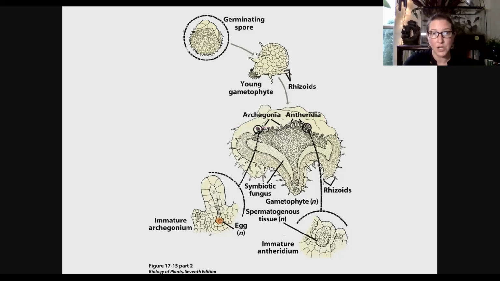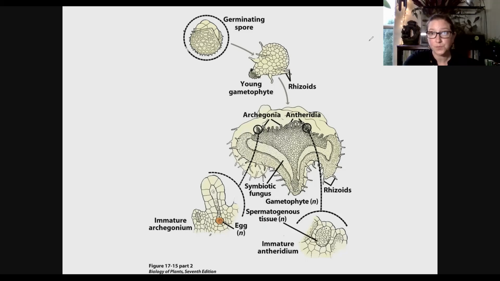And that's the case here. So we should already know now, based on going through this a few times, that the archegonia is going to have inside of it an egg, and the antheridia is going to have inside of it tissue that's going to make sperm, right? Tissue that's going to make sperm.